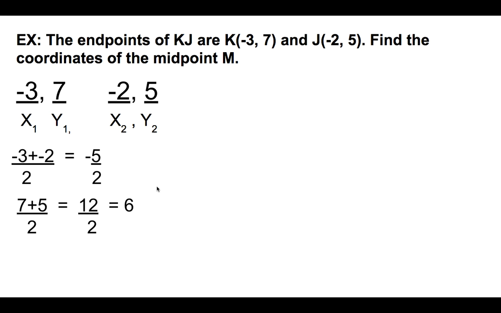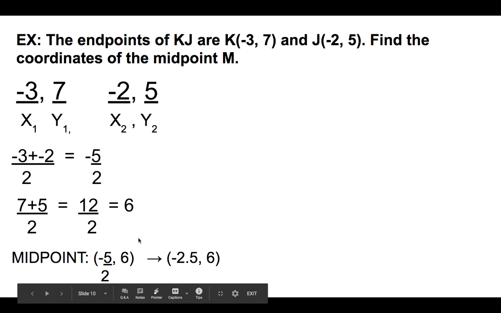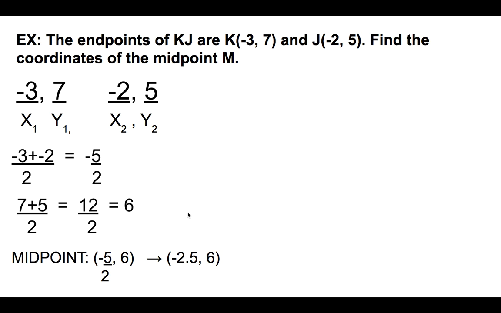Then the same with my y values: 7 plus 5 divided by 2. The sum of 7 and 5 is 12, and 12 divided by 2 is 6. So as fractions, -5 over 2, 6, and as decimals, -2.5, 6.